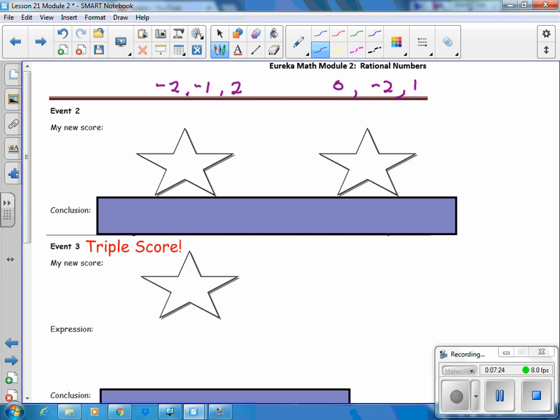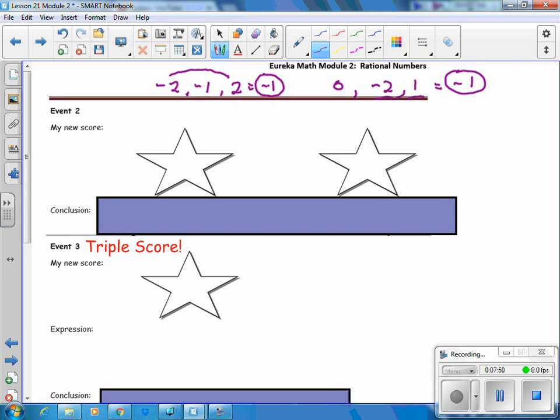And what we're going to do is find your score and give you each cards and see what happens. So your score, -2 and 2 is 0, and 0 and -1 is -1. So your score is -1 right now. And your partner's score, -2 plus +1 is -1. So right now, you have a tie game going.